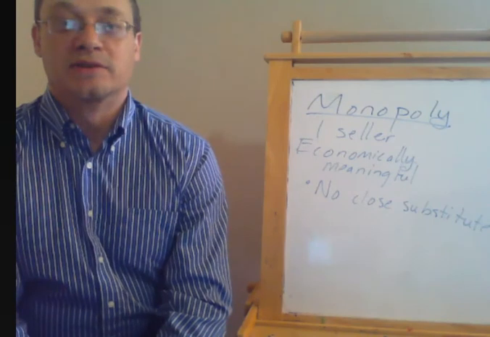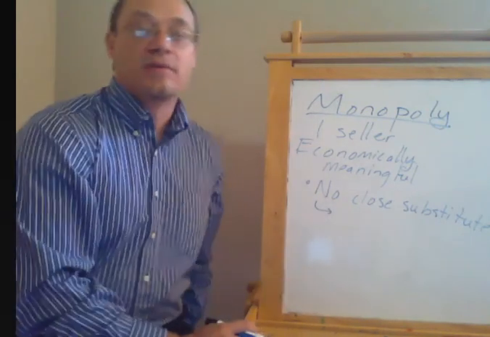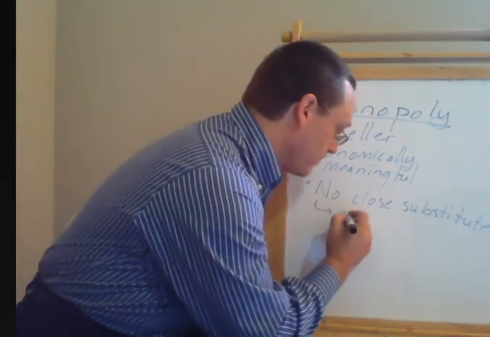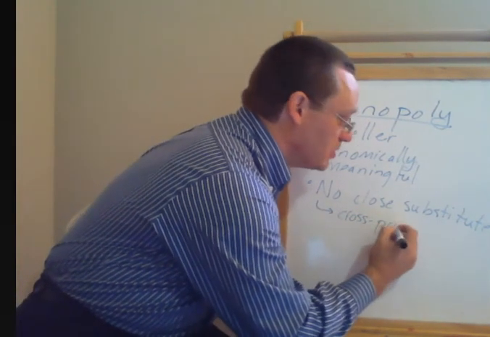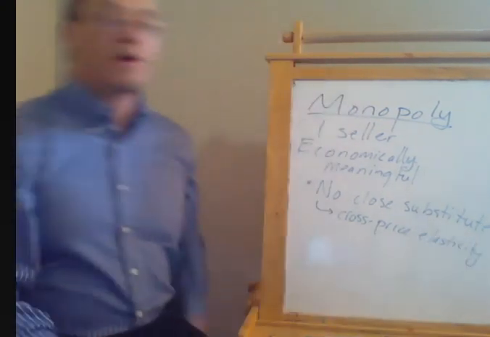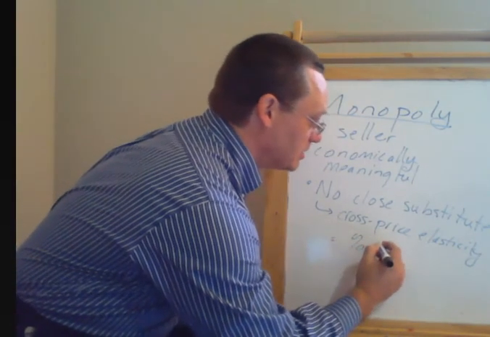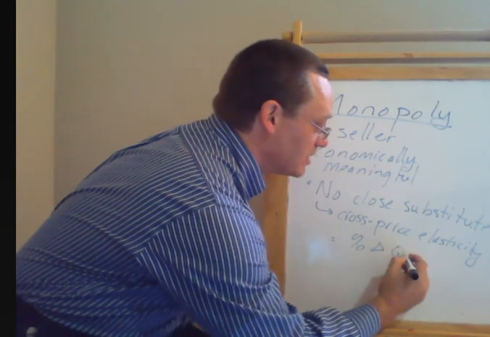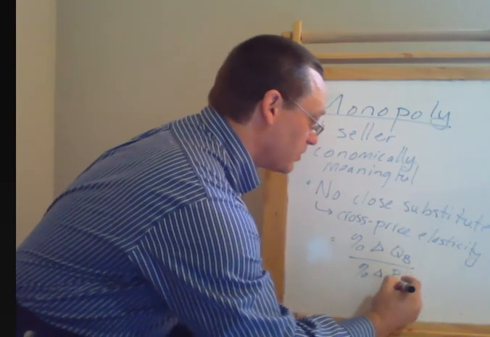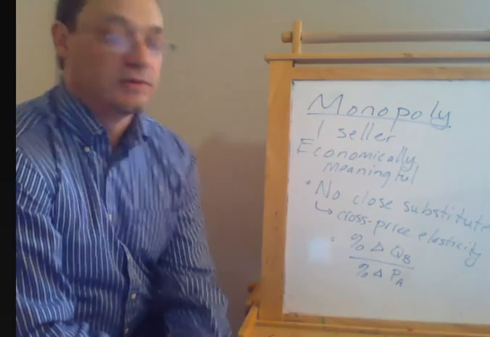type of labor services. How we actually judge that is, remember that we can look at cross-price elasticity of demand. So you go back to elasticity, and cross-price elasticity of demand is the percent change in the quantity demanded of B over the percent change in the price of A. So how do we use this to determine whether or not there are close substitutes?